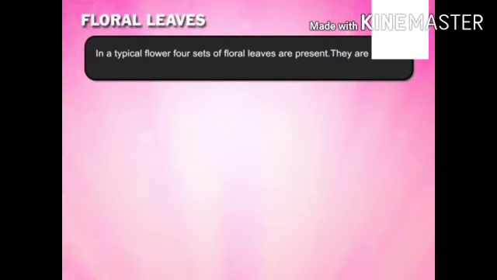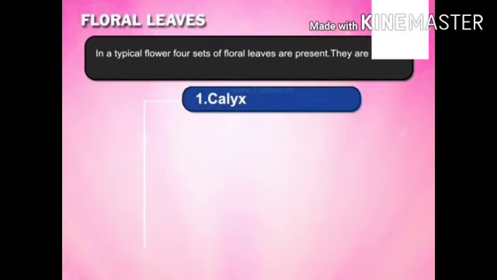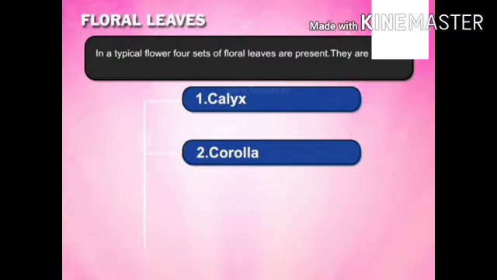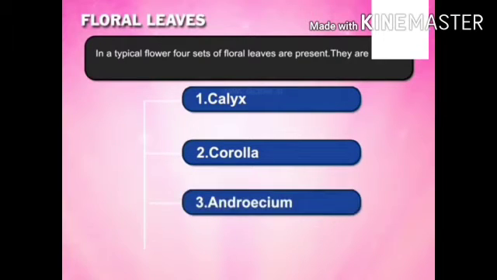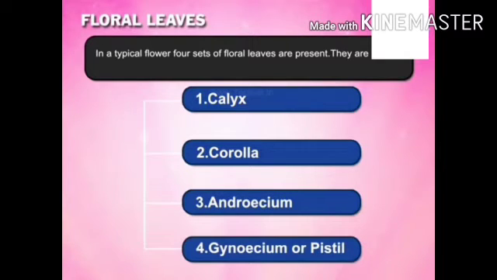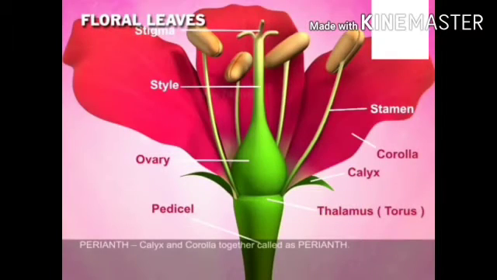Floral leaves. In a typical flower, 4 sets of floral leaves are present. They are 1. Calyx, 2. Corolla, 3. Androecium, and 4. Gynoecium or pistil. Perianth: calyx and corolla together are called perianth.